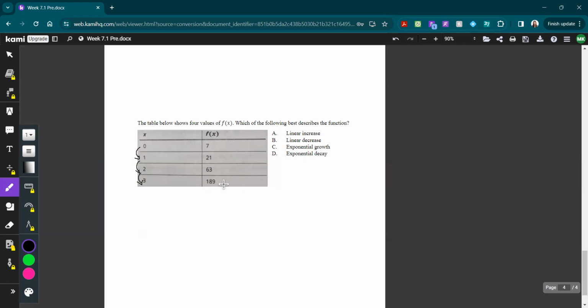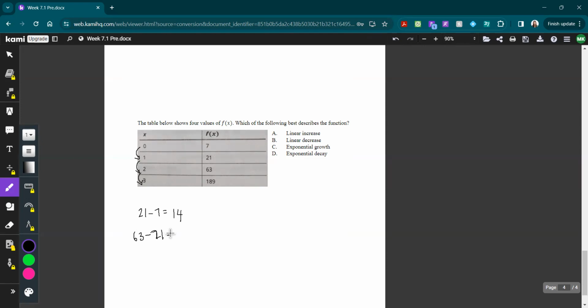Is it plus or minus? Is it times or divide? What I could do is try 21 minus 7, which gives me 14. Then 63 minus 21. If you're going to find a pattern, you always want to do the number after, minus or divided by, the number immediately before.